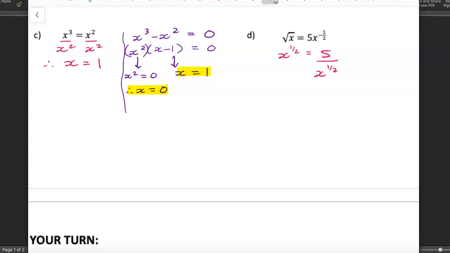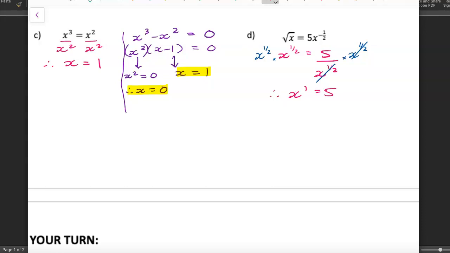We could put it to a positive power and multiply through by x to the half to remove this x to the negative half. We would multiply each side by x to the half. That would leave us x to the power of 1 equals 5, and we have a beautiful solution.